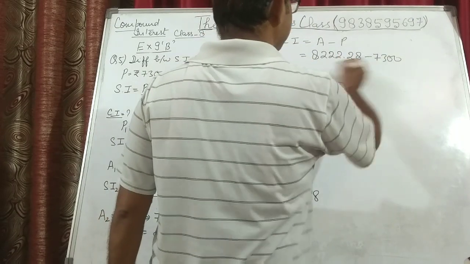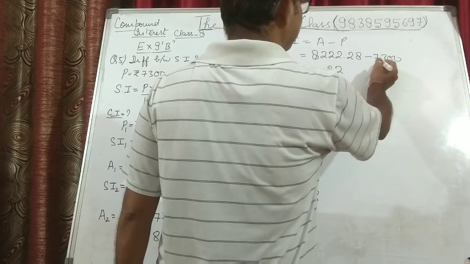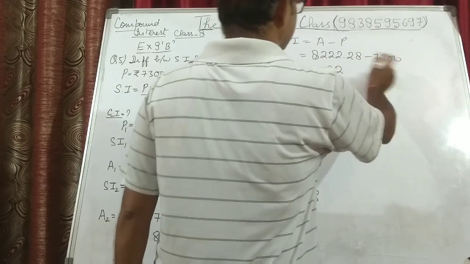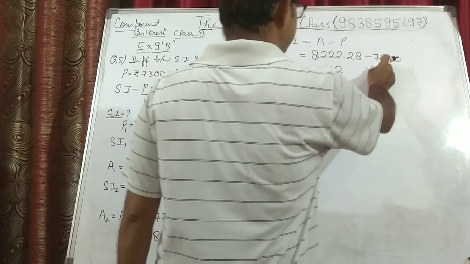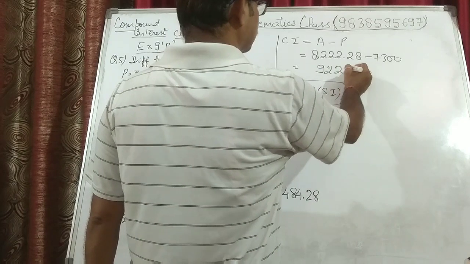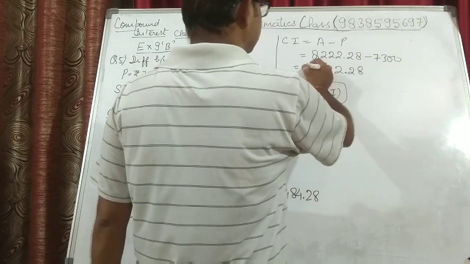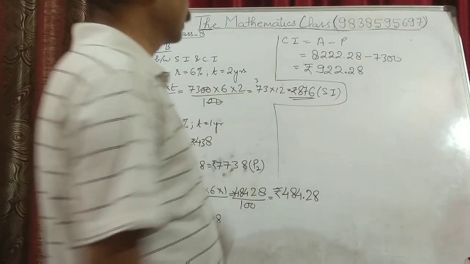So 2 minus 0 is 2, 2 minus 0 is 2, and 12 minus 7, 2 minus 0 is 2, 2 minus 0 is 2. Now 12 minus 3 is 9. 902.28. So this is the compound interest and this is the simple interest.